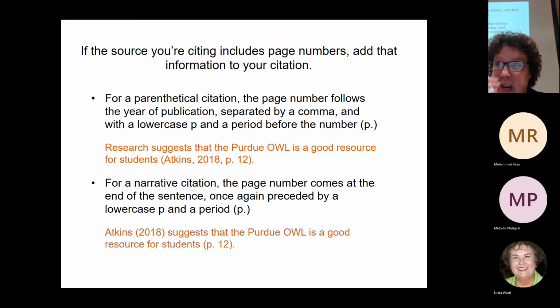So I would suggest using page numbers if you're directly quoting from a particular page, or you're pulling an idea from a particular page, versus what the overall work says. I'm holding a book in my hands, for your imagination. It says The Presidential Difference: Leadership Style from FDR to George W. Bush.